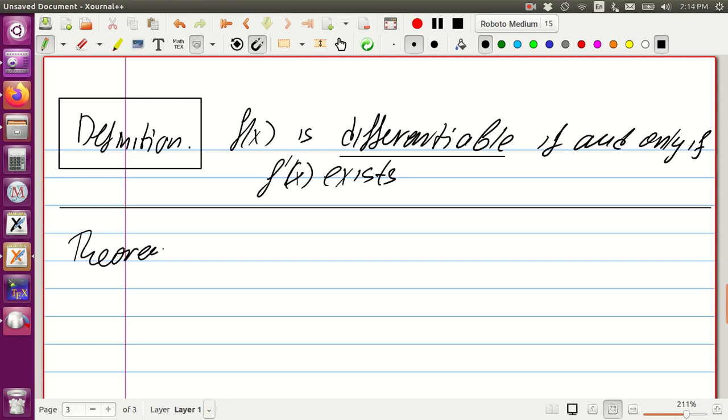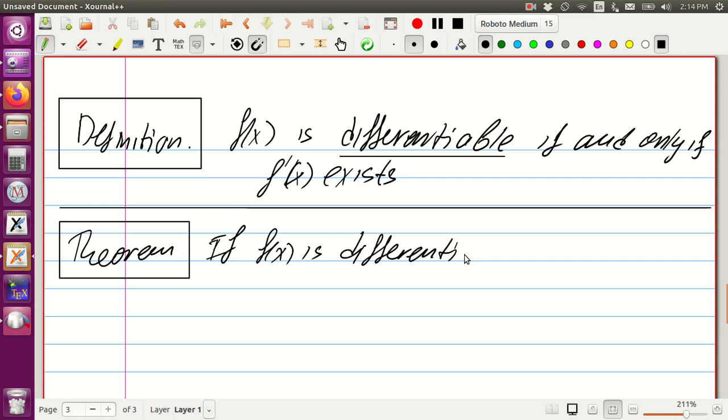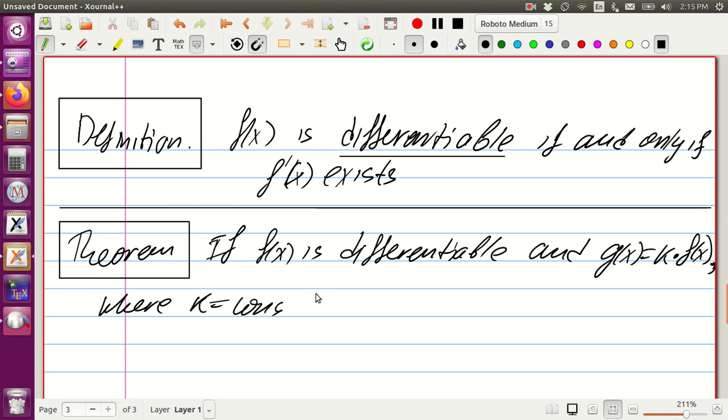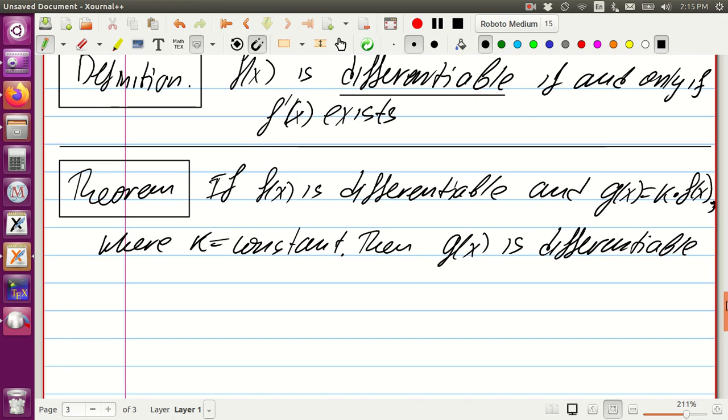All right, so the rule that we're going to discuss next is the following. If f of x is differentiable and g of x is equal to k times f of x, where k is a constant, then g of x is differentiable and g prime of x is equal to k times f prime of x.